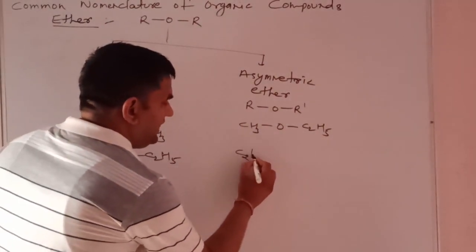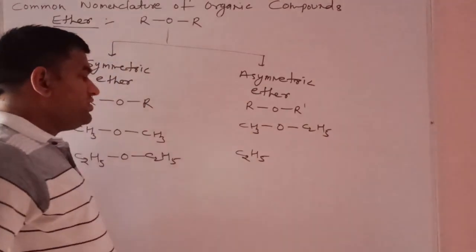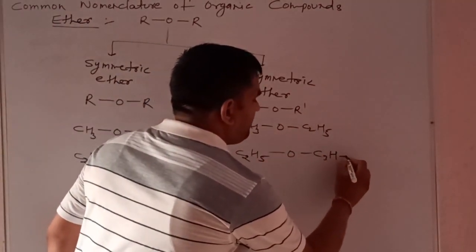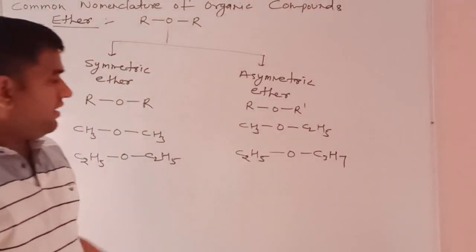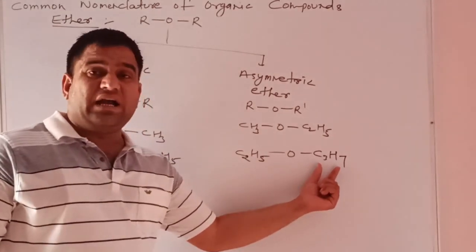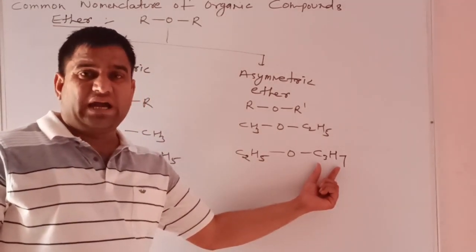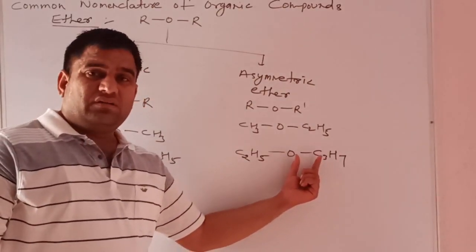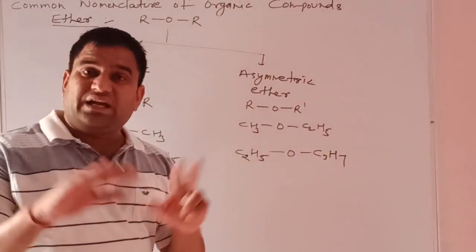Second example is C2H5OC3H7. The first hydrocarbon chain is C2H5 and the second hydrocarbon chain is C3H7. So in this example also both hydrocarbon chains are different.